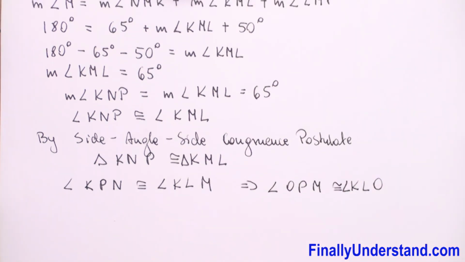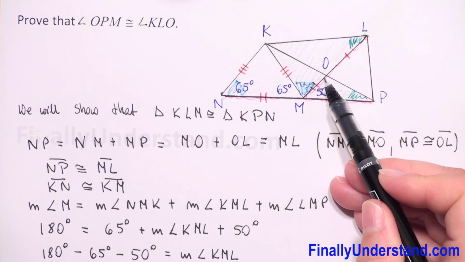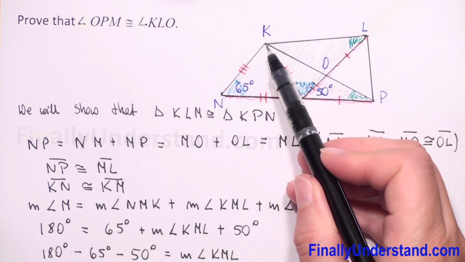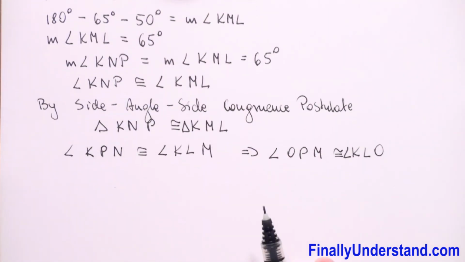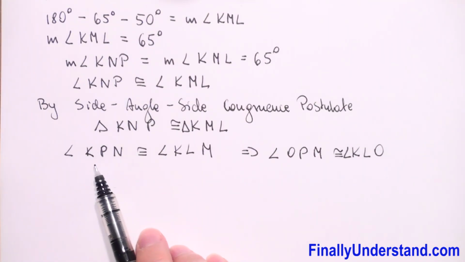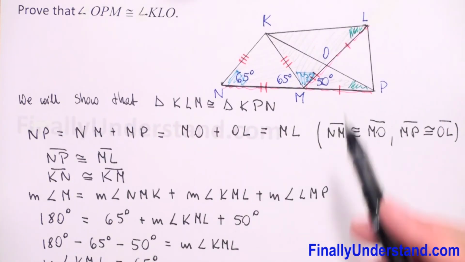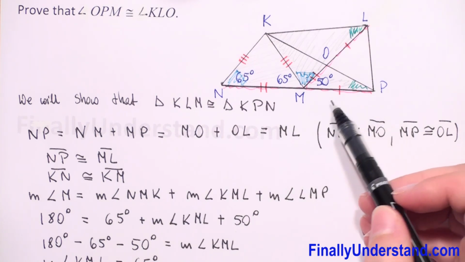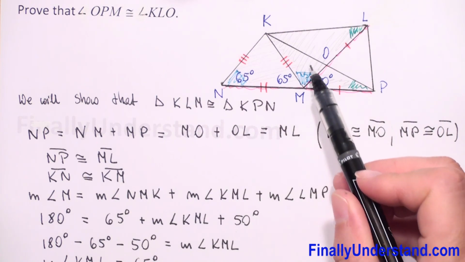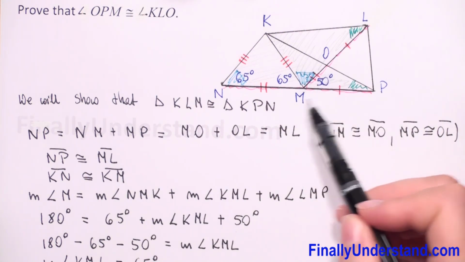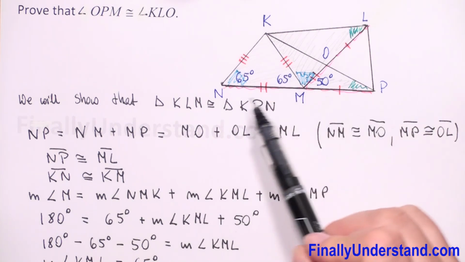Why I wrote this one more time? Because point O is on the segment KP, so instead of KP we have OP. And instead of N I can put M. It's different name for this angle. OPM angle is the same like angle KPN.